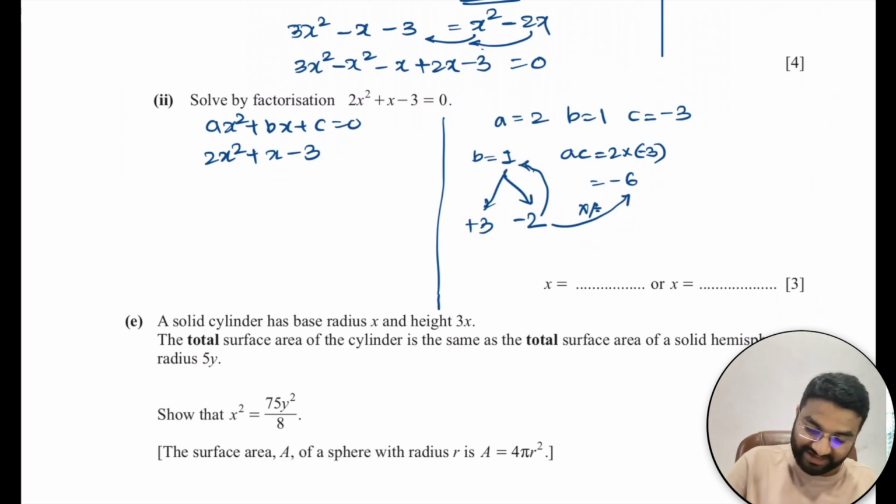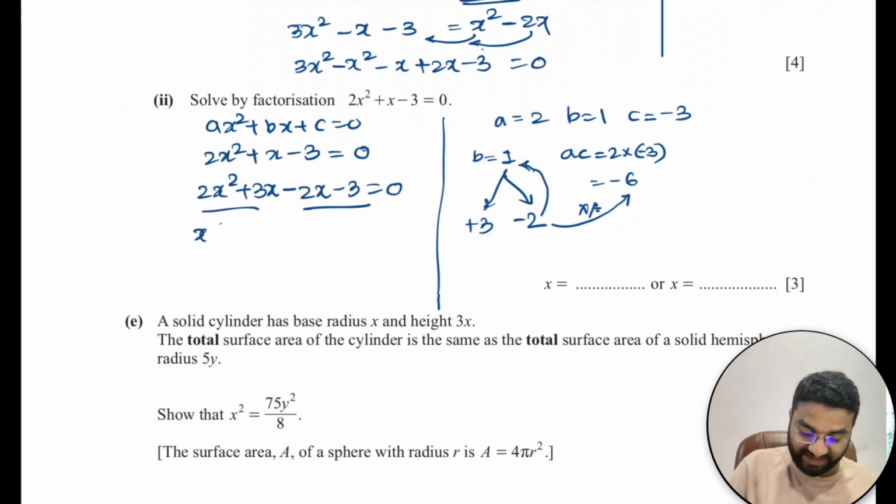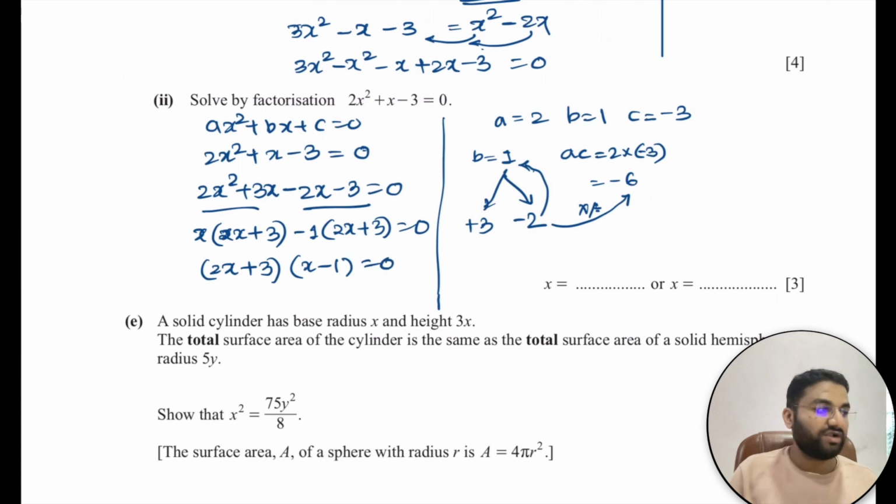So here we can write 2x square plus 3x minus 2x minus 3 is equal to 0. From the first two, we can take x common, 2x plus 3, and from the last two, we can take negative 1, so 2x plus 3. So (2x plus 3)(x minus 1) is equal to 0.